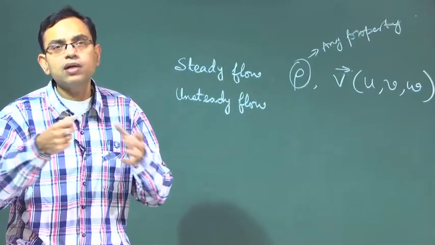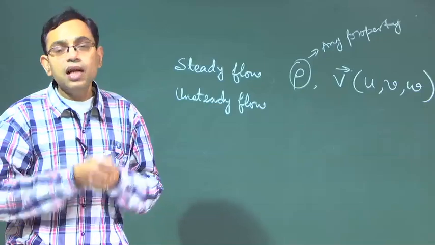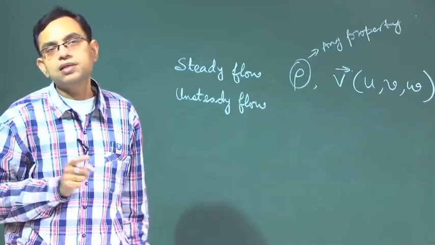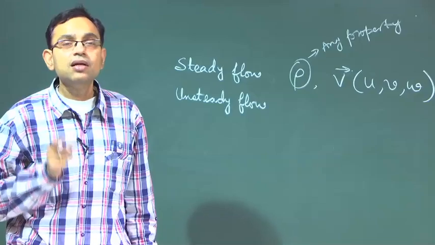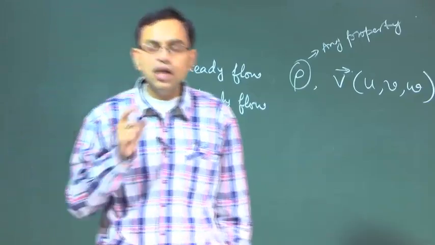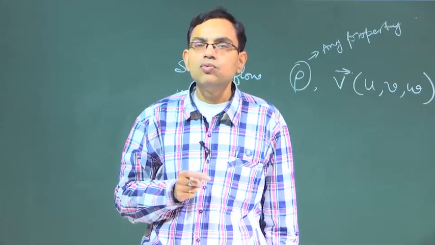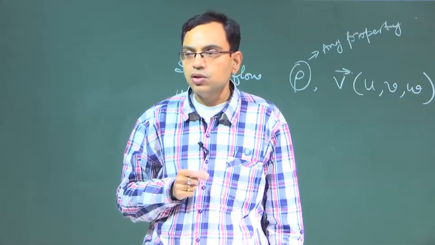So the same water flow relative to the observer standing on the fixed bridge will appear to be unsteady, whereas the same flow relative to an observer who is sitting on the boat will appear to be steady.